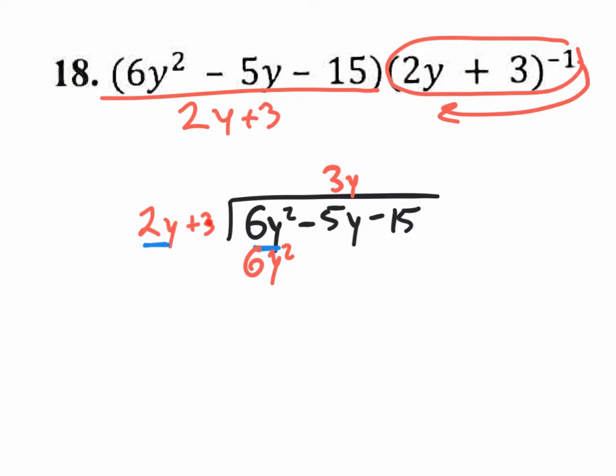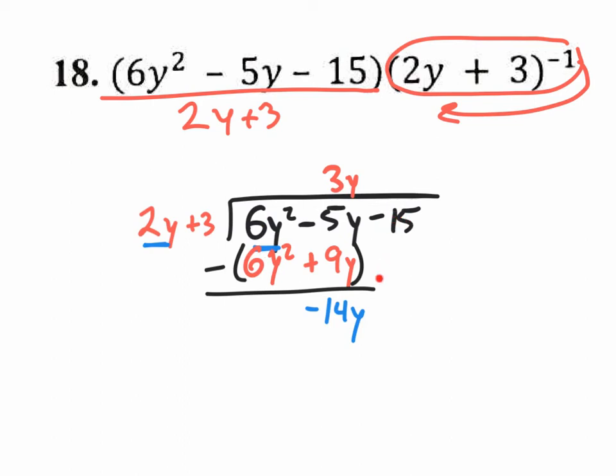Now 3y times 3 is 9y, and that'll go right here, positive 9y. So you're subtracting, put the parentheses, put the minus sign out there. If you were to distribute, minus sign goes here. That's a negative 9y minus 5y. That's a negative 14y. Of course, the negative 6y cancels with the positive 6y.